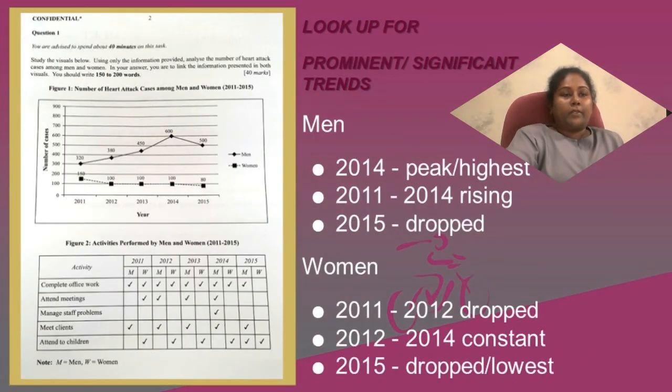or significant trends. So, the question requires you to analyze the information on the number of heart attack cases among men and women from 2011 to 2015. So for this stimulus, we will have to look for the significant trends.